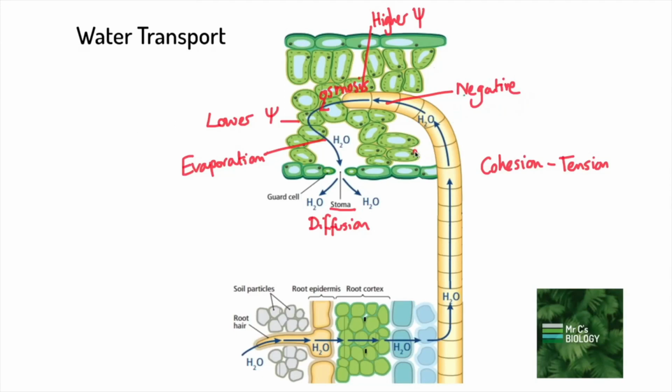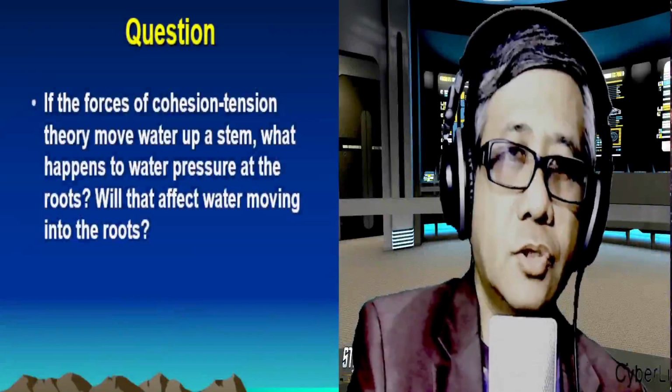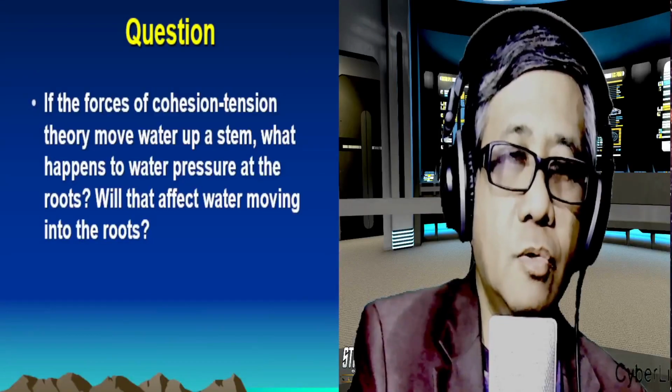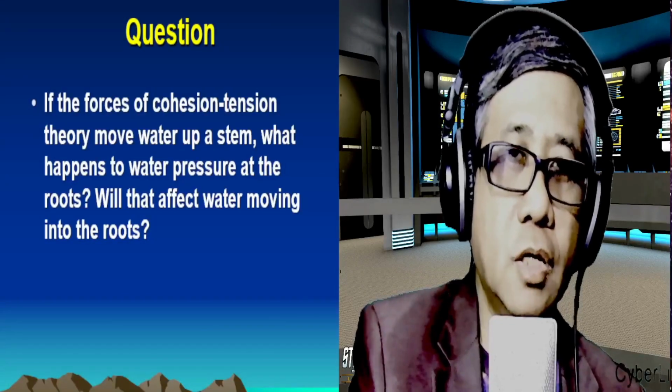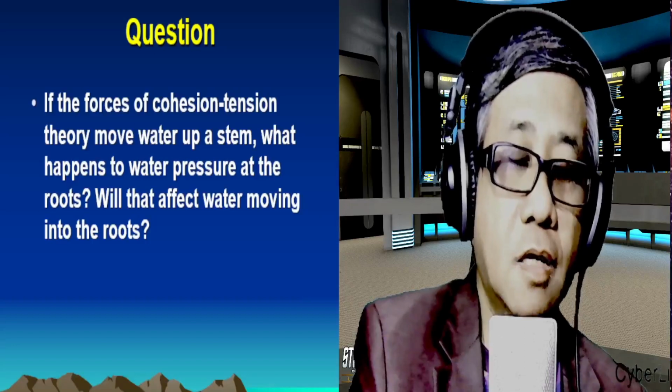And this cohesion between the molecules and the tension formed by the negative pressure gives us the cohesion tension theory, the theory as to how water moves up the plant. There's some evidence for that theory that we will discuss in a different video, but that is how water moves up a plant.